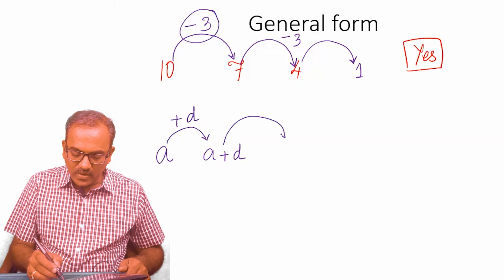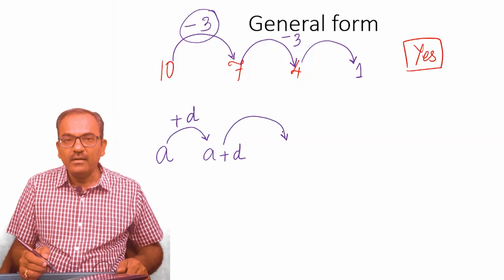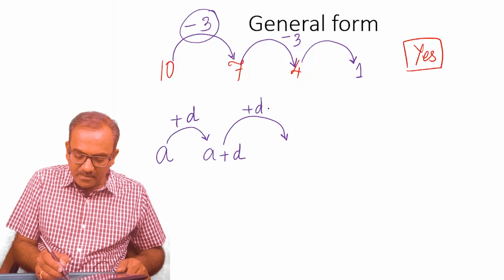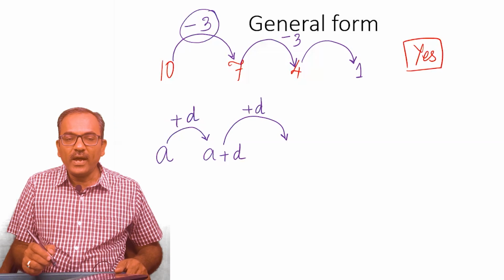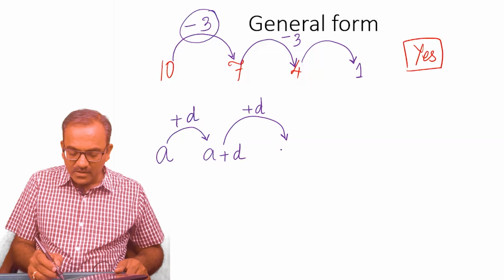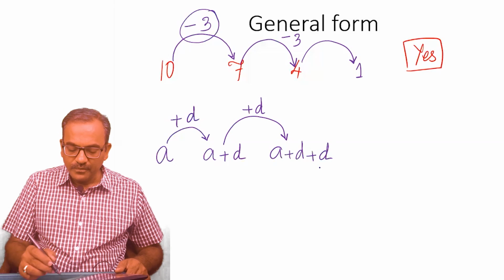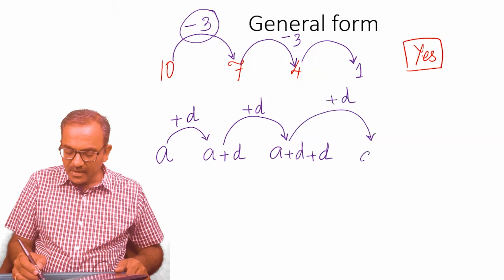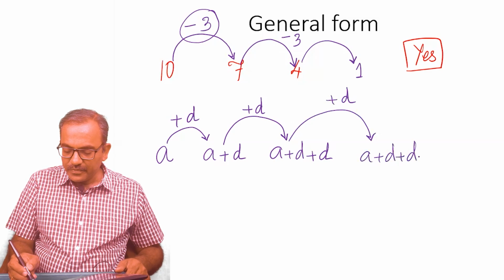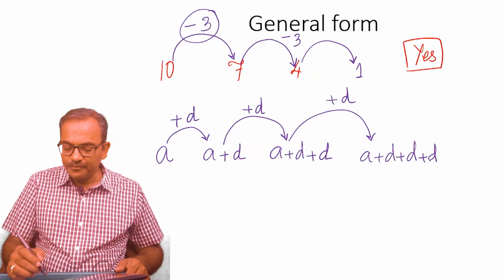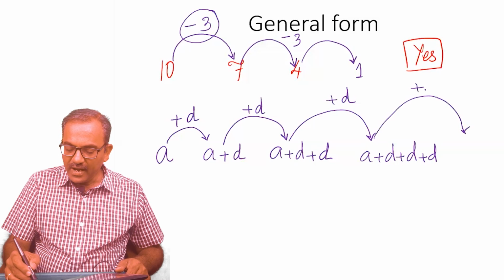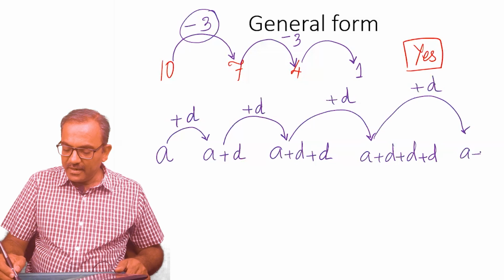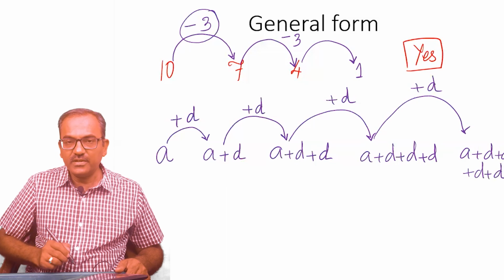Since I am adding the constant term every time, I am supposed to add d only. So for this a plus d, I add one more d, then I get a plus d plus d, and if I add one more d, I get a plus d plus d plus d.